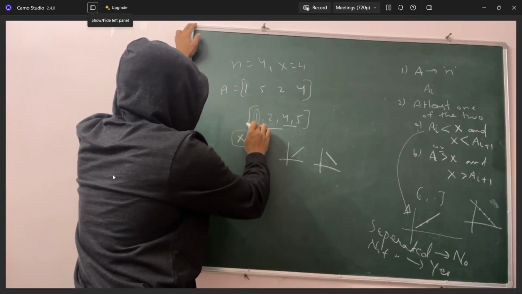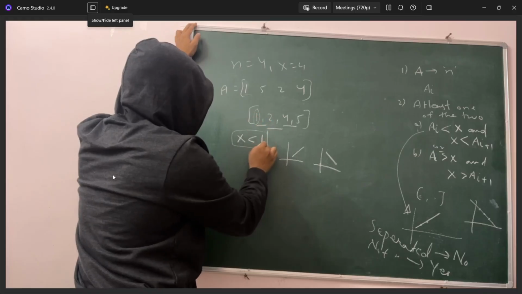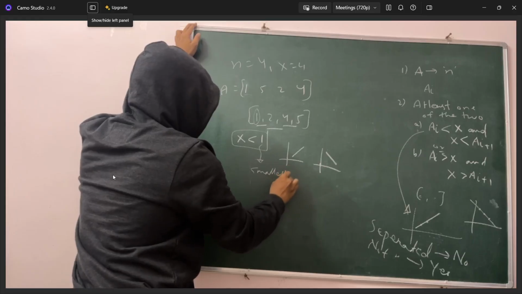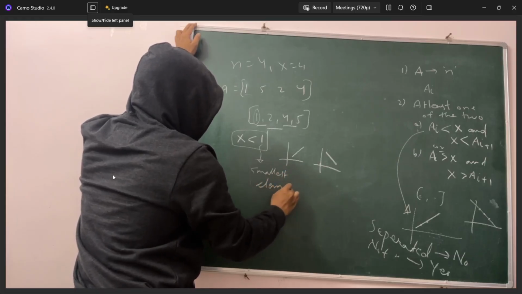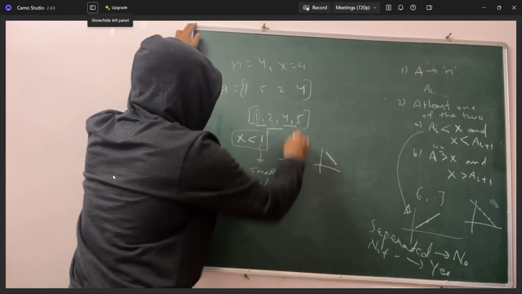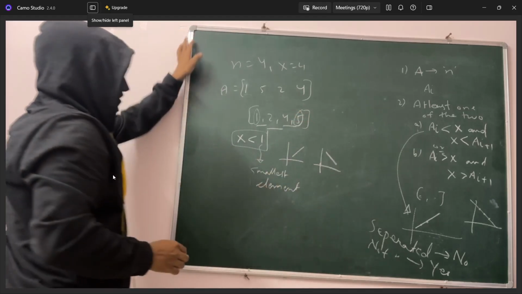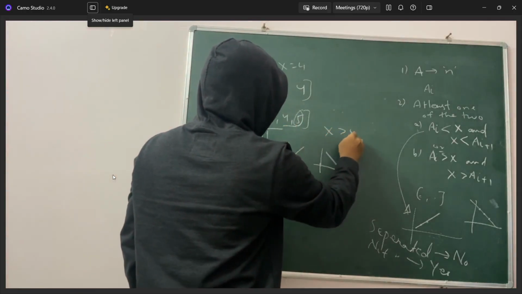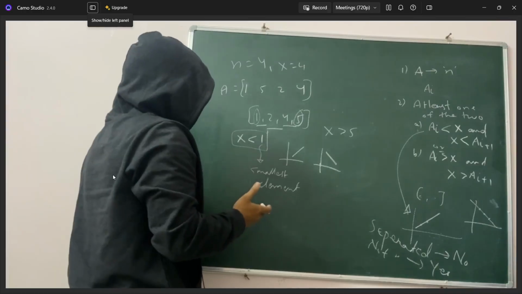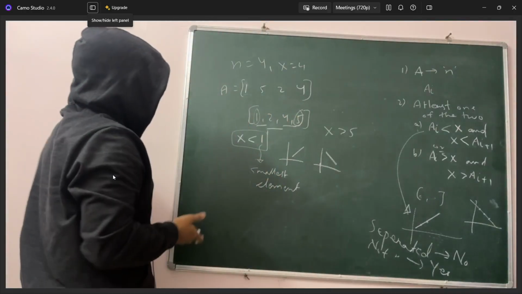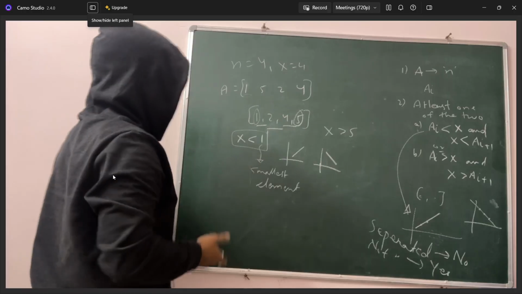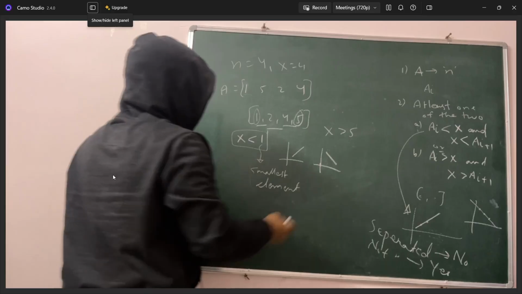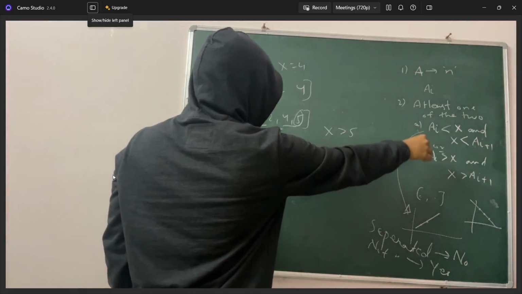If x is less than the smallest element, here it is 1, that's why I'm taking 1, but it is the smallest element. Now same case, you take the greatest element. Here it is 5. If your x is greater than 5, no matter what combination you take, I mean adjacent elements, or any arrangements you make, these conditions will not hold good.